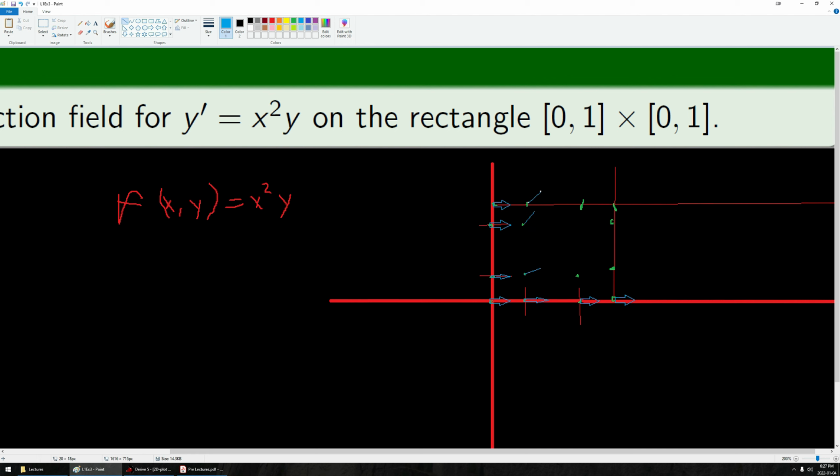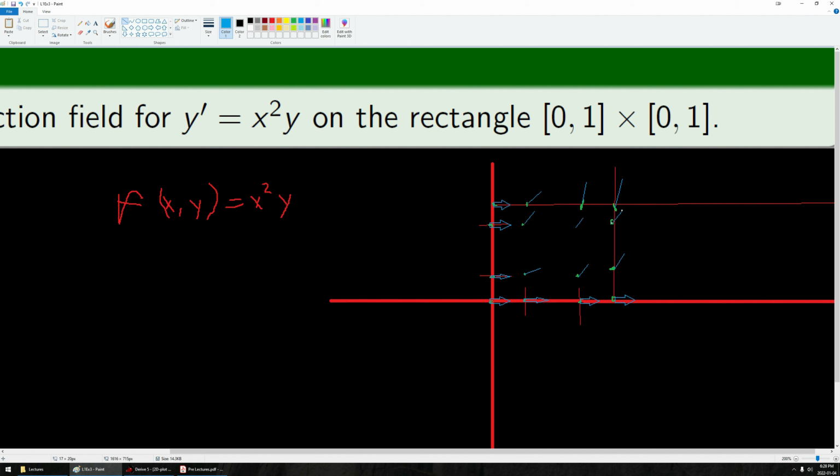So again, this isn't drawn to scale because at the top, this would be a slope of 1/9. So yeah. And then next, as x increases, I have a slightly higher slope here, and then a slightly higher slope here. And then as I go vertically here, it'll also increase. So again, none of this is to scale. I won't ask you to draw a detailed thing here, but that's how to plot these.